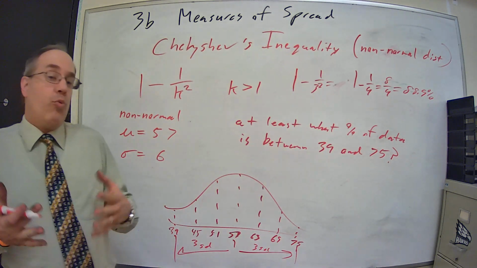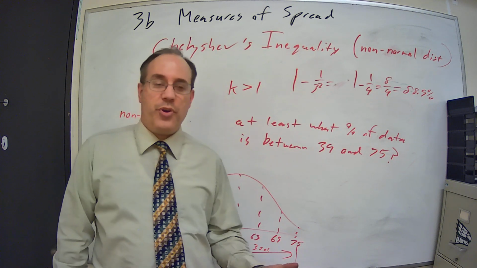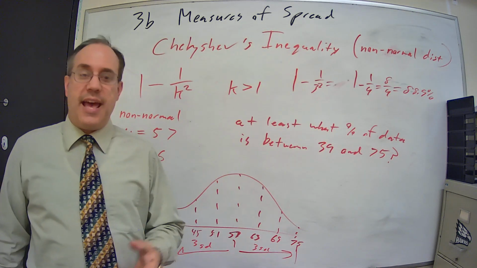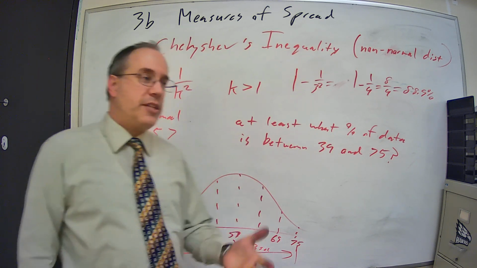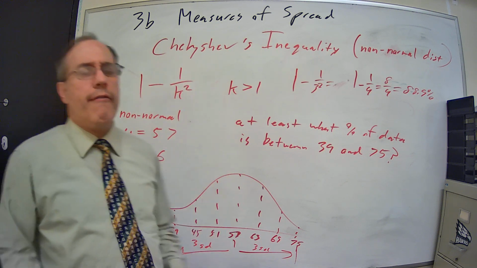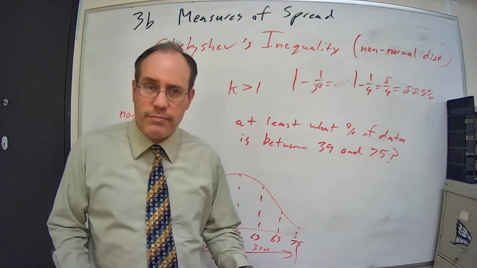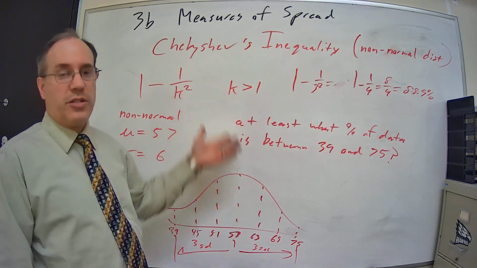Now, how do you tell when you can use the empirical rule and when you can use Chebyshev? Empirical rule, when it states that it is a normal distribution. Chebyshev, when it does not state it's a normal distribution. So if it says non-normal, or does not state normal distribution, then you use Chebyshev.